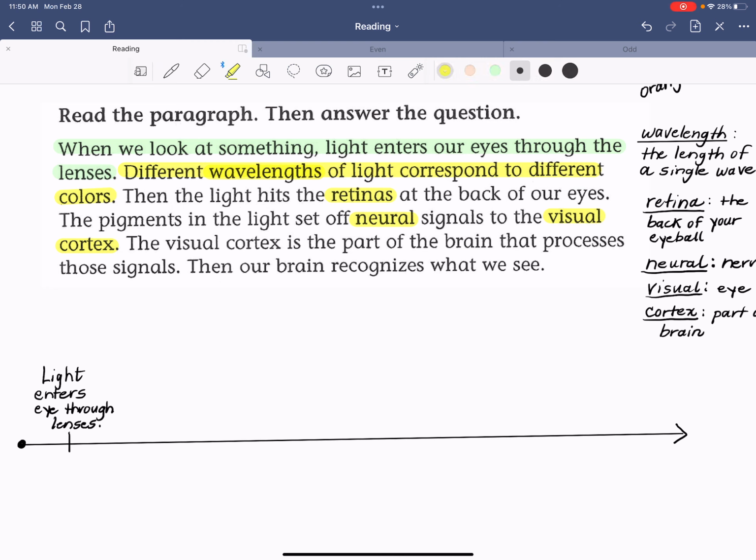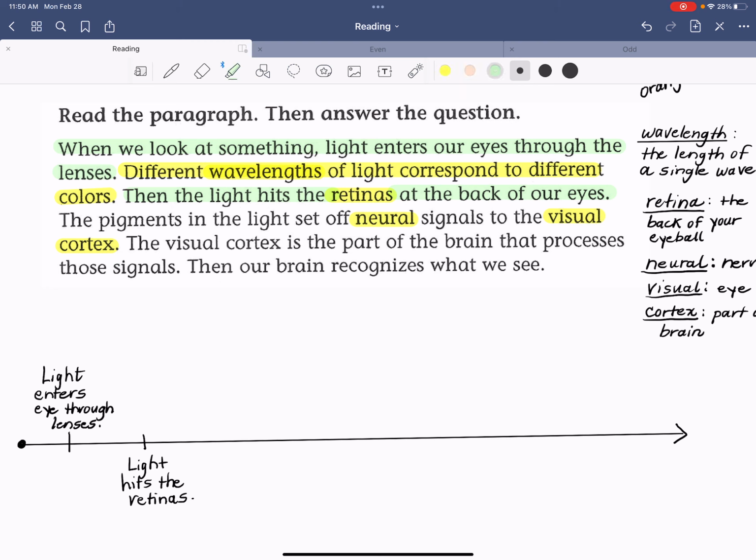The next thing to occur, to happen, is this. That light hits the retinas at the backs of our eyes. So the light enters through the lens, it hits the retinas, and we've already said that the retinas are the backs of our eyeballs.